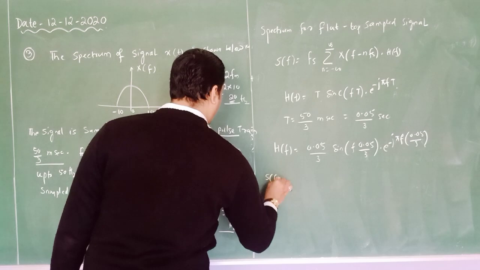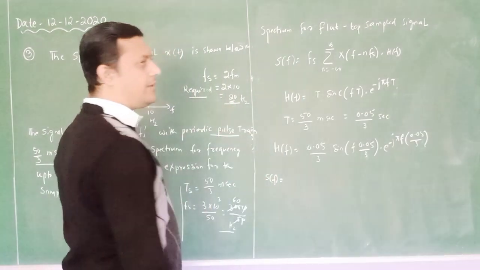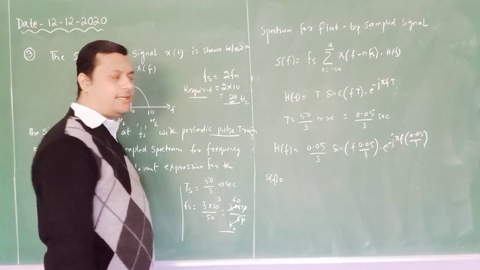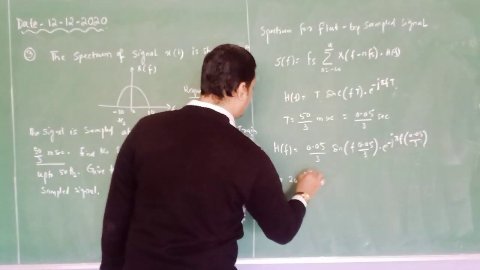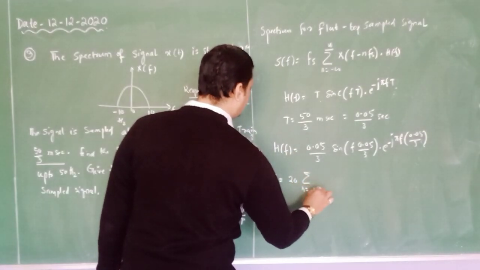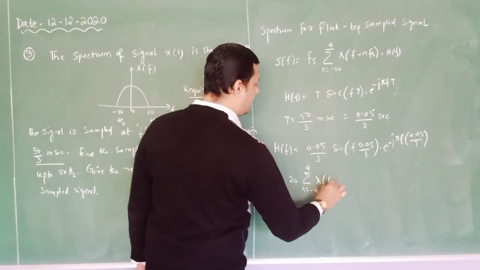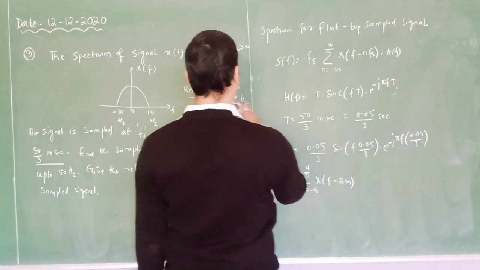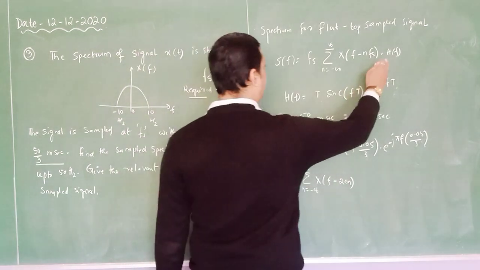So S of f, Fs is how much? 20 Hz, because Fm is given. This T is the periodic time of the pulse. So it is 20 summation minus infinity to infinity X of f minus 20n, because Fs is 20 Hz. Then what is H of f?